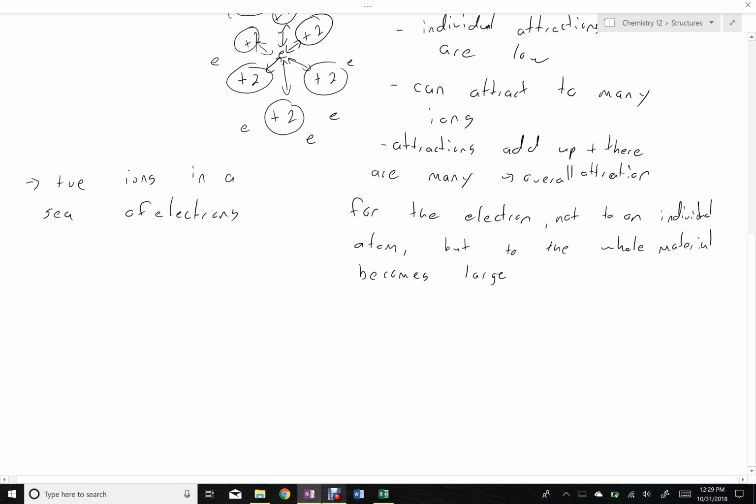Specifically, since the electrons are not associated with any one atom, but instead the whole material, they are free to move.